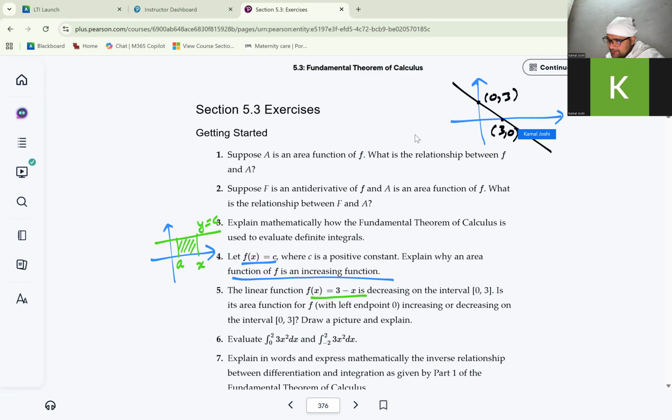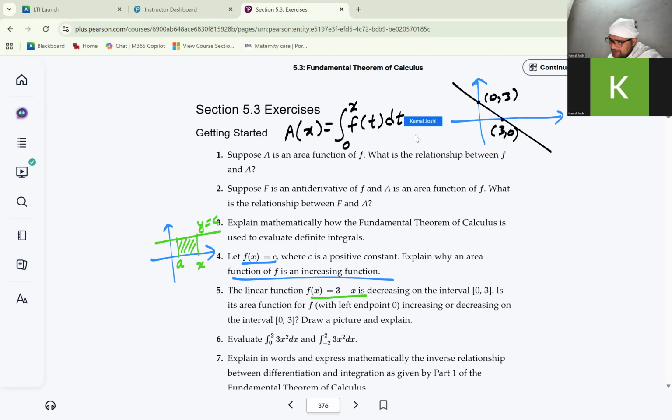So what does it ask us to do? Is its area function with left endpoint 0? What they are saying is define this particular area function with the left endpoint 0. That means the integral from 0 to x of f of t dt.